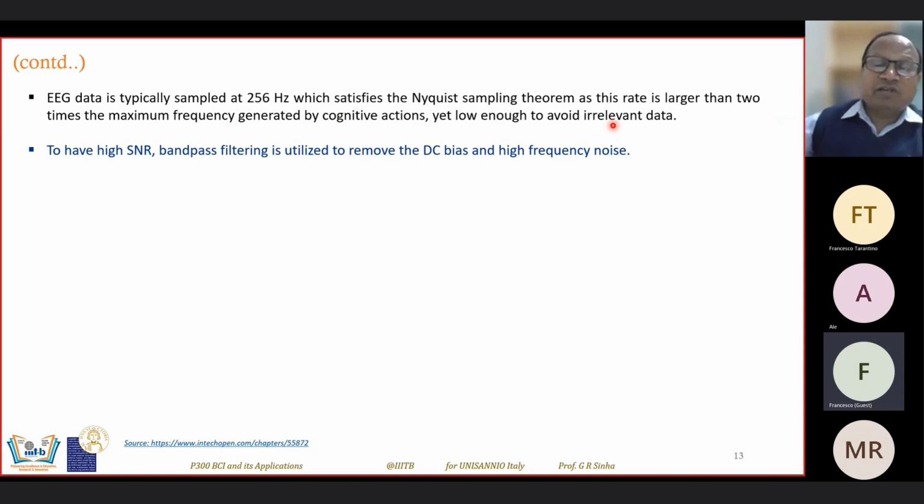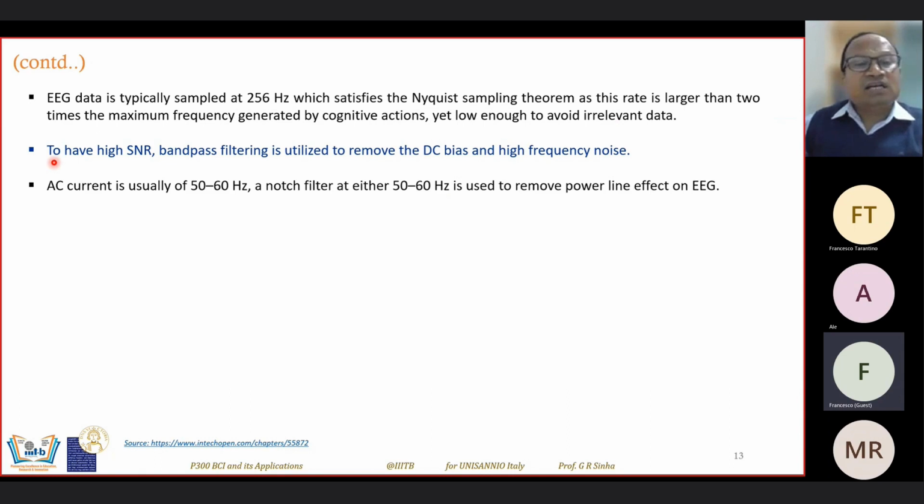Still, the frequency is not very high. So to have higher SNR, we generally use band pass filtering so that DC bias and high frequency noise can be removed. AC current is generally 50 to 60 Hertz. Therefore a notch filter at these frequencies is used to remove the power line effect on the EEG signal.